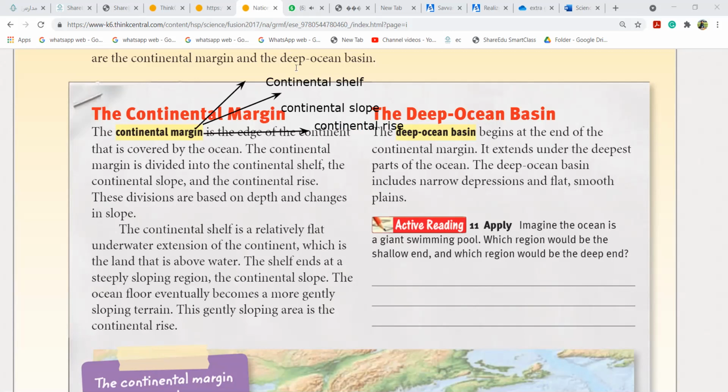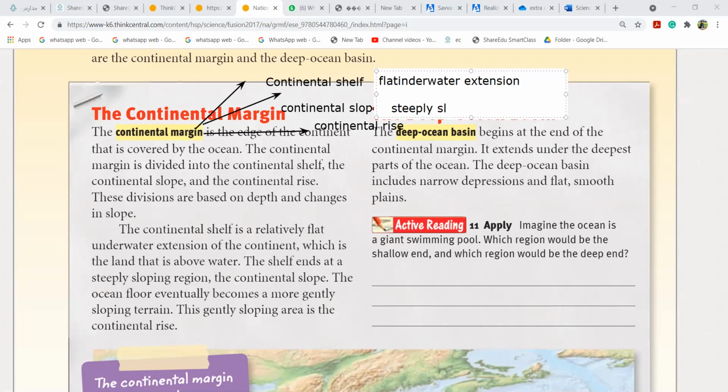Now, what is the difference? If I talk about the shelf, it is flat, an underwater extension. What is the continental shelf? It ends at the steeply sloping area, which is the continental slope.